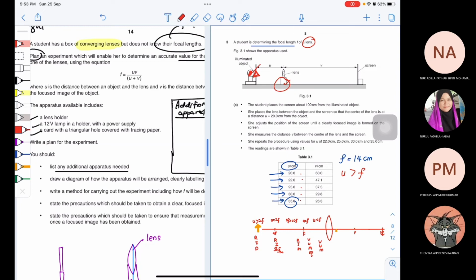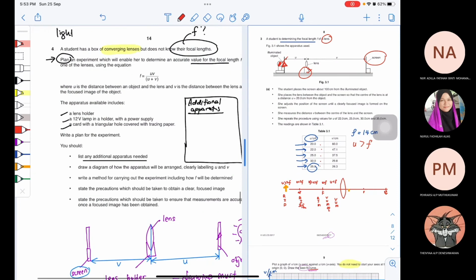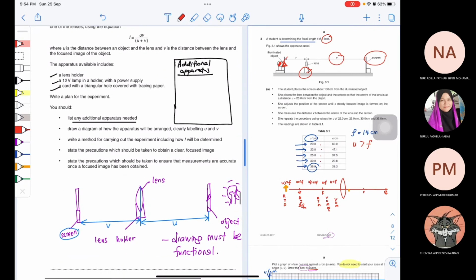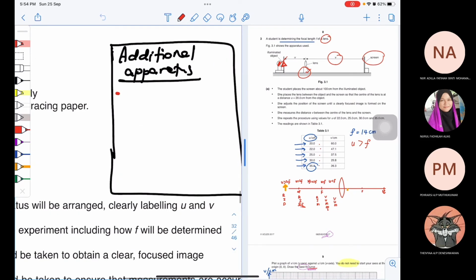The screen. Otherwise where would you look, since you need to measure V? So the additional apparatus you write is the screen, as simple as that.